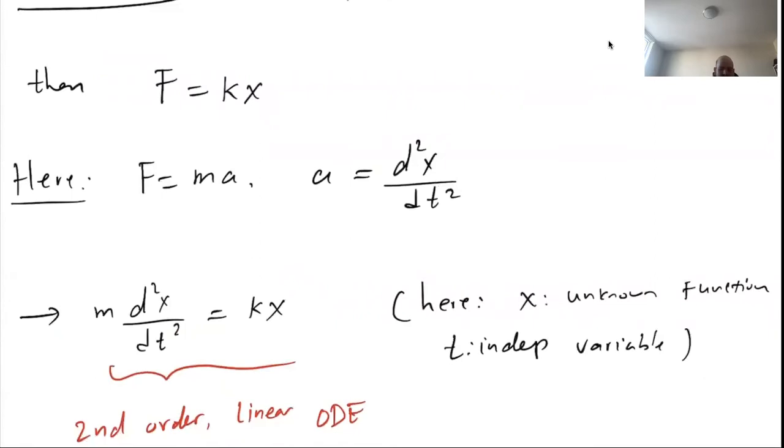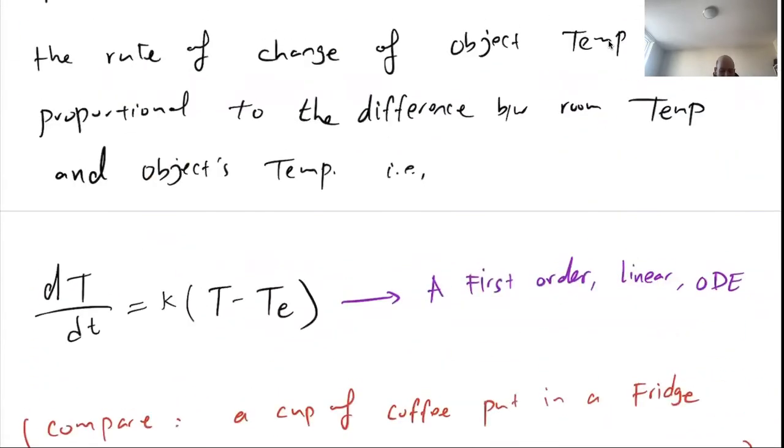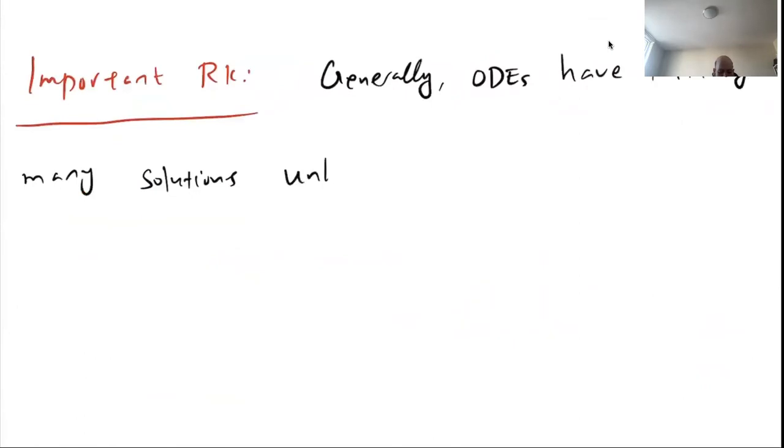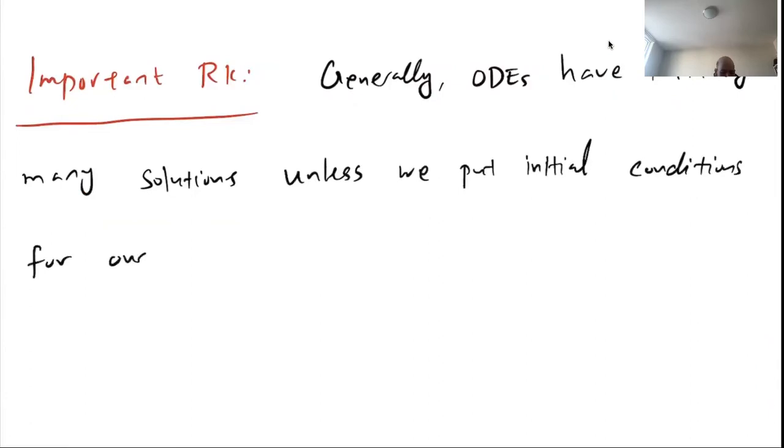For example, this ODE has infinitely many solutions, or this ODE has infinitely many solutions, unless we put initial conditions for our ODE.